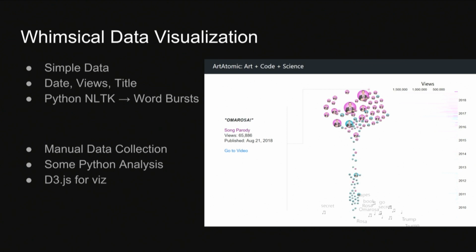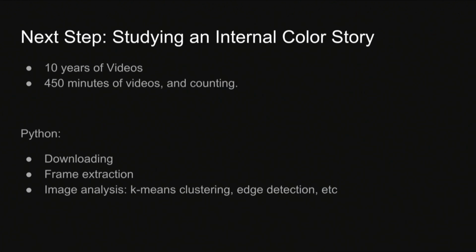Even though this is whimsical and this is fun, I still fall back on my tried and true tricks for doing data viz. So the analysis was all done in Python, and for the viz, it's D3 and vanilla JavaScript.